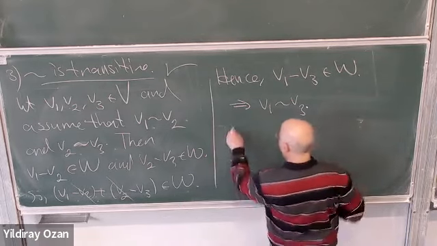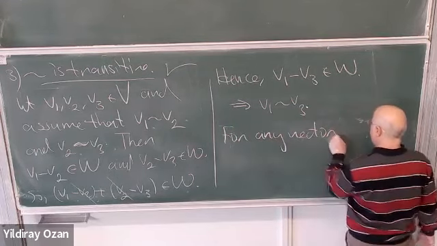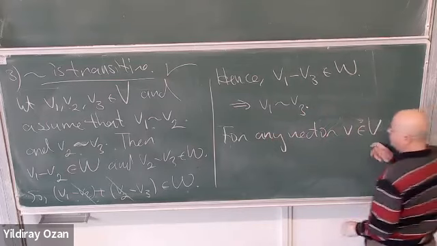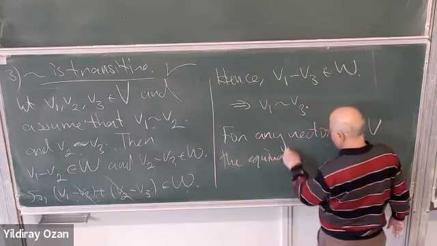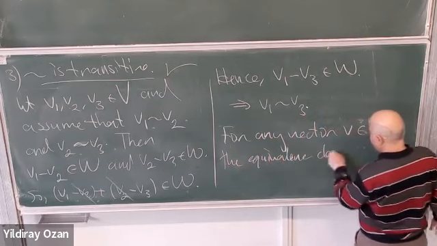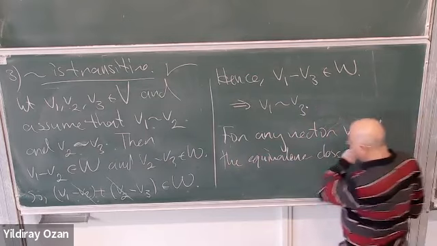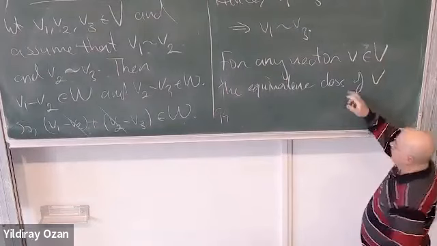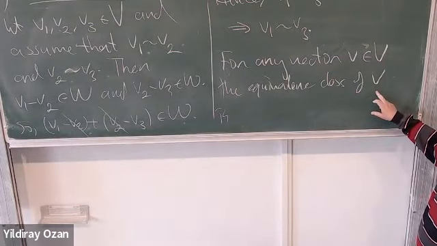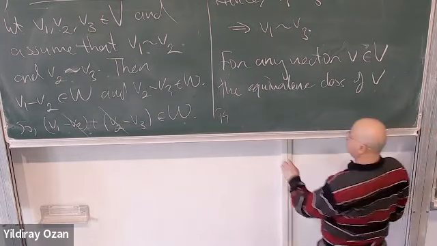Now, for any vector v, the equivalence class of v is the set of all vectors that are related to v.